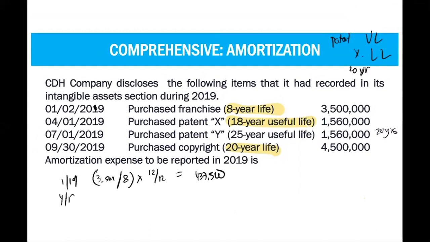We have April 1, 2019, so the value is 1,560,000. You divide it by the useful life, that is 18. And the period. So April 1 until December 31, 2019, we have 9 over 12. So how much? 1,560,000 divided by 18 times 9 over 12. We have 65,000.